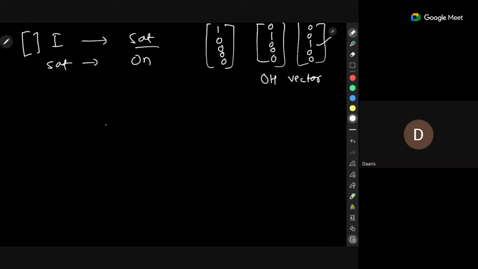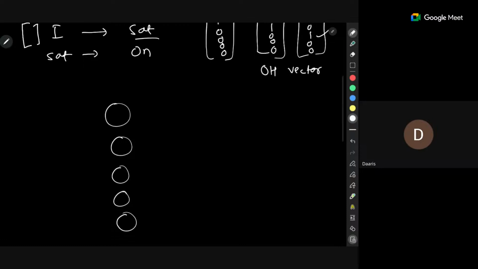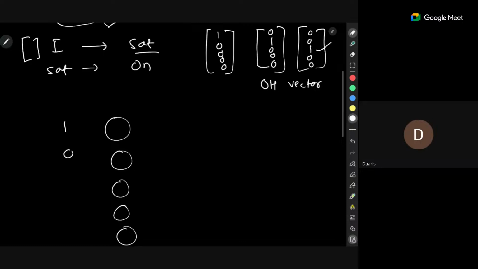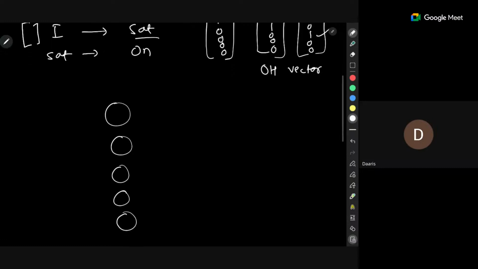So I'll create a neural network, and this is my input layer. As of now this is my input layer. If I want to send I, I will give one here, 0 everywhere else, right? So this is my input, and I need something here as a hidden layer, right? Let's say this hidden layer contains 3 neurons.